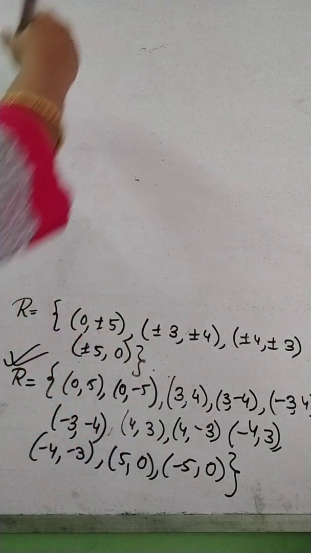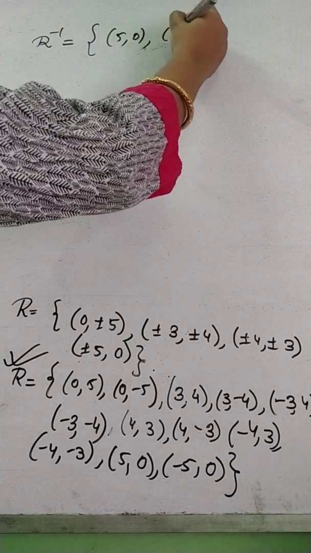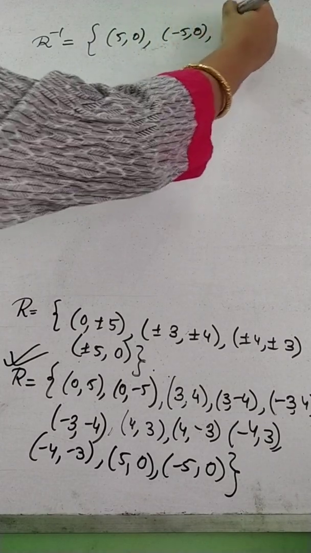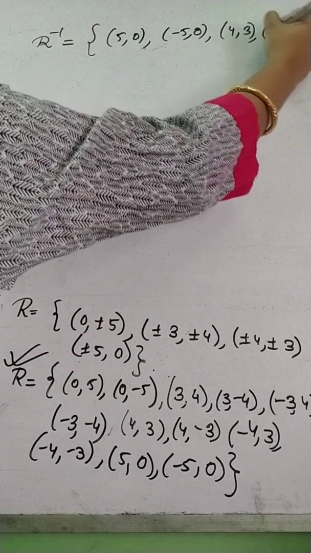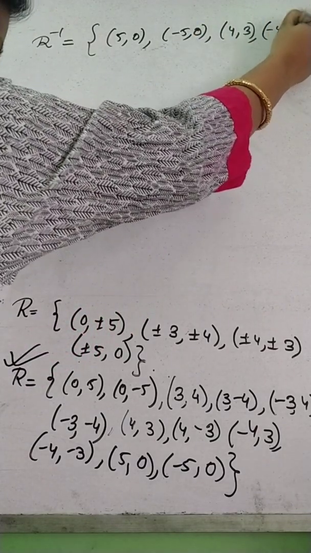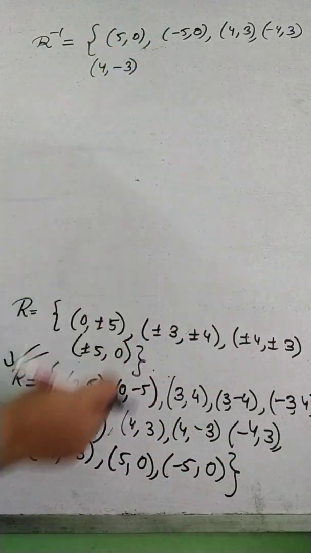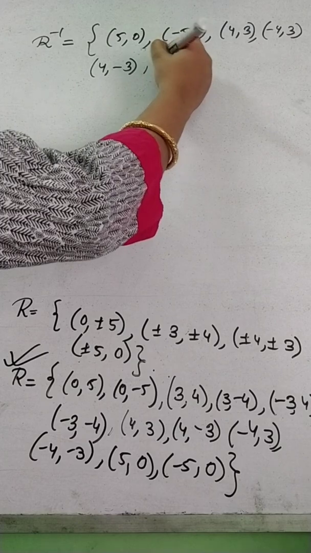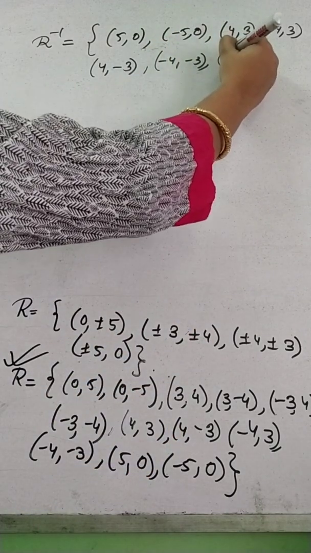R inverse is therefore just the reverse. That means 0, 5 is going to become 5, 0. This is going to become minus 5, 0. This is going to become 4, 3. And this is going to become minus 4, 3. The next one, this is going to become 4, minus 3. This one is going to become minus 4, minus 3. This is going to become 3, 4.